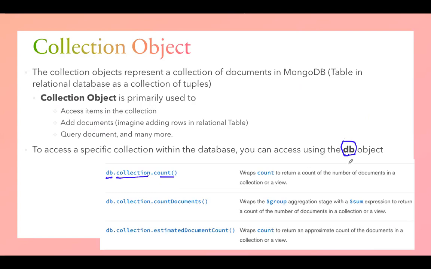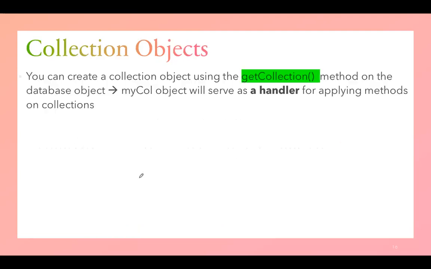This will count the number of documents in that particular collection or in a view. There are countDocuments and estimatedDocumentCount. So there are a whole lot of built-in methods that you can use to do quick queries on this collection, or quick queries on the table. We'll see some of them as we go on.